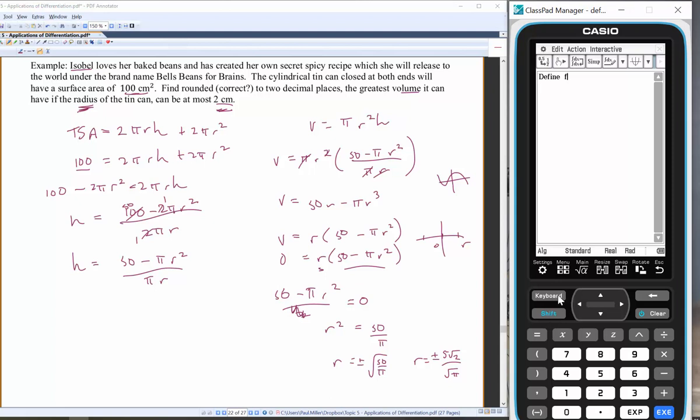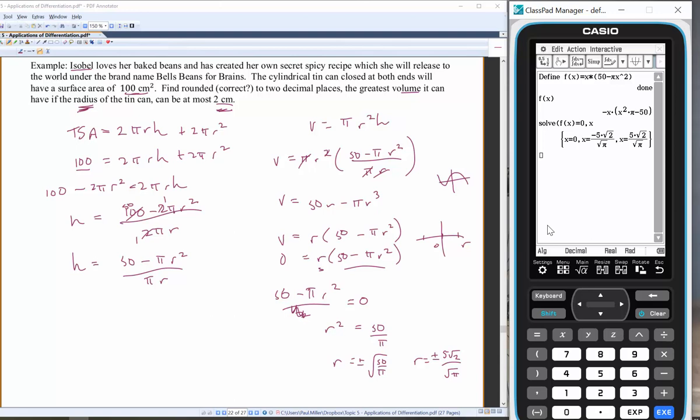So I'm going to define my function first of all. f of x equals x multiplied by 50 take away pi x squared. Let's have a look at it. Looks good. Let's solve f of x equals 0 for x.